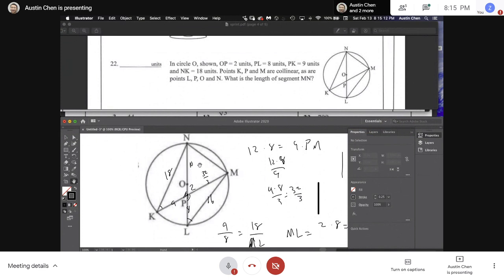The crucial thing to notice here is that NML is a right angle. It's a right angle because the arc NL is 180 degrees, and M is on the circle and it intersects this arc, which means that its angle will be 180 degrees halved, which is 90 degrees.